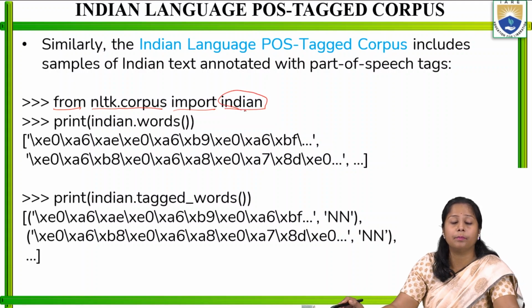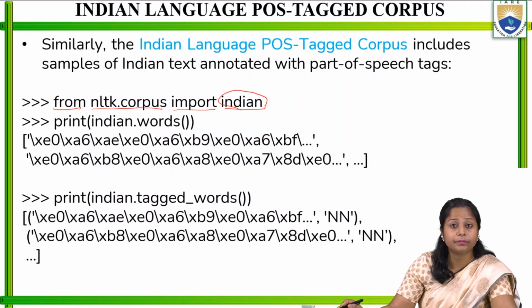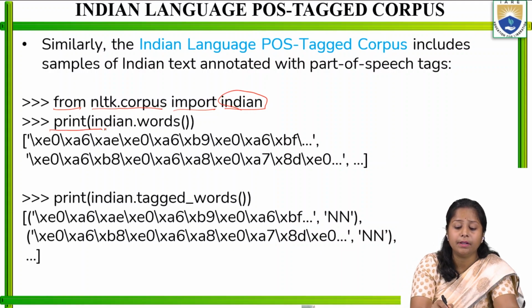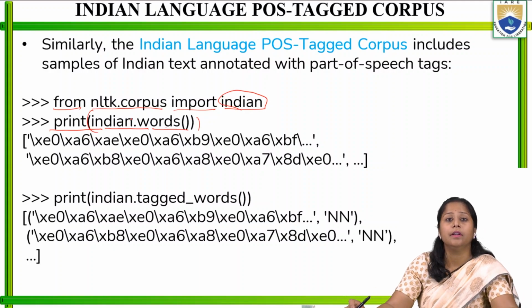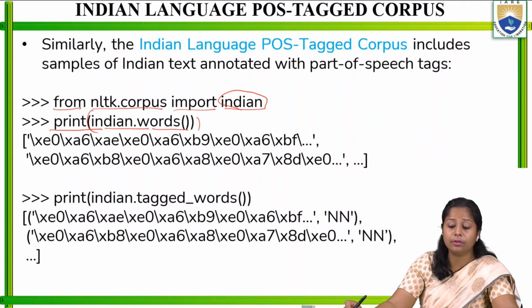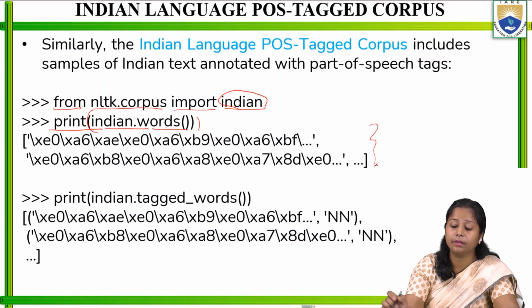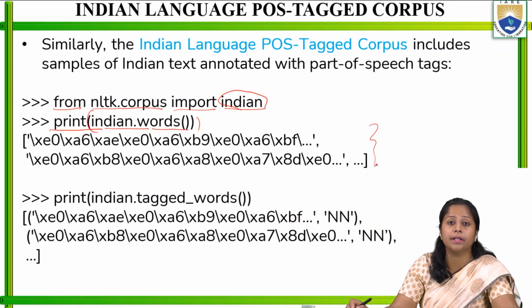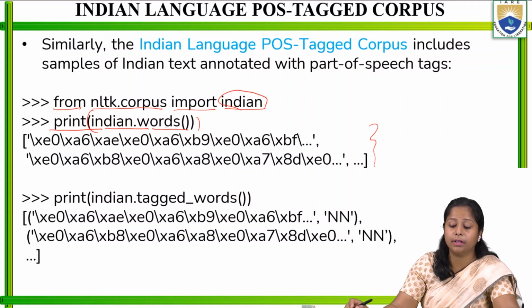Now the Indian corpus will be downloaded here. Now in the next line I need to write print indian dot words function with the print function. So now I will get whatever text has been written in that particular Indian corpus, and it will be listed as an output here.